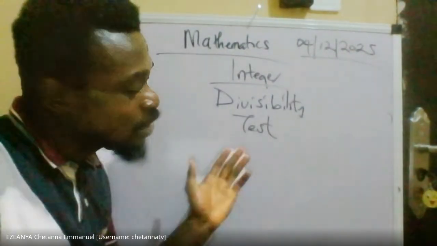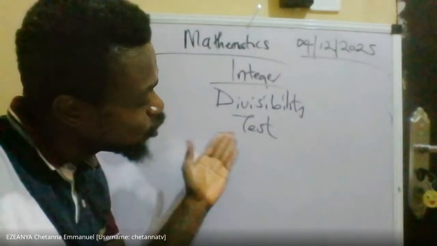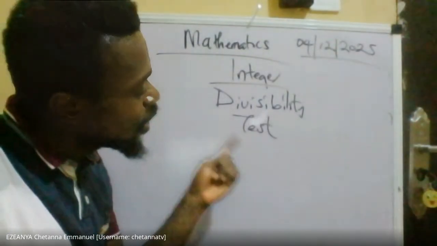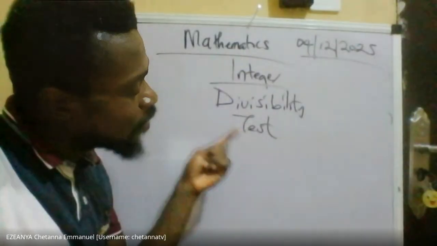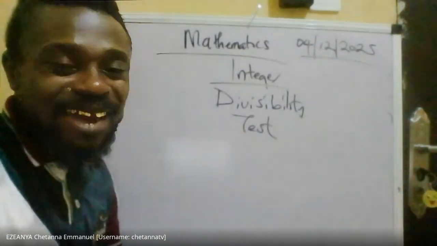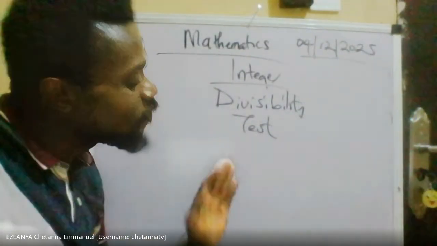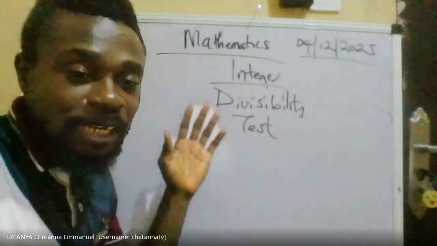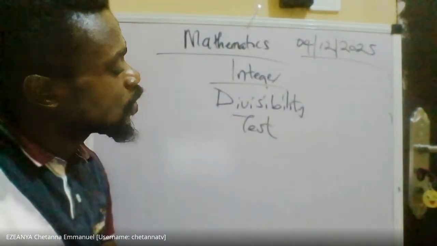A set of rules used to test if a particular number is divisible by another number. So we are going to look at this set of rules. Is that clear?